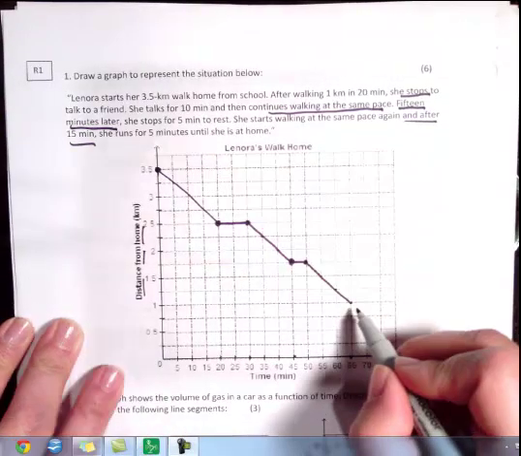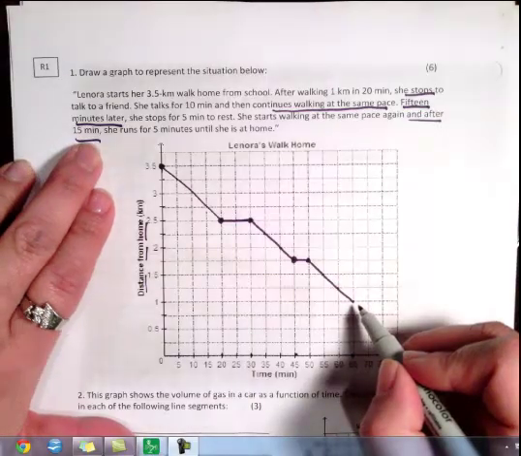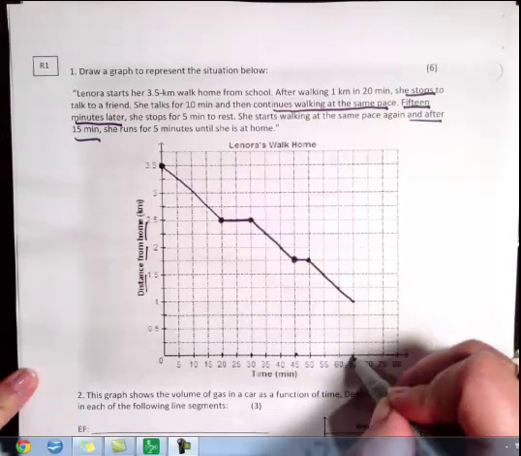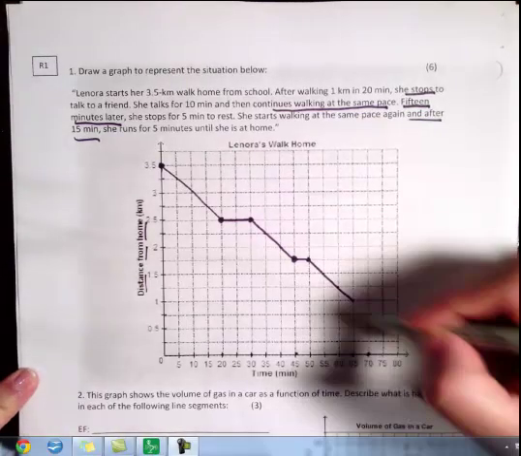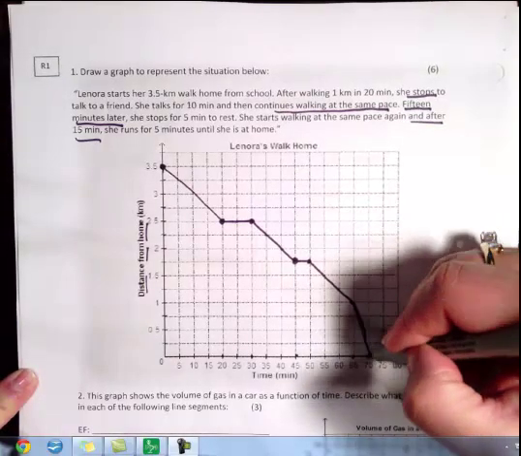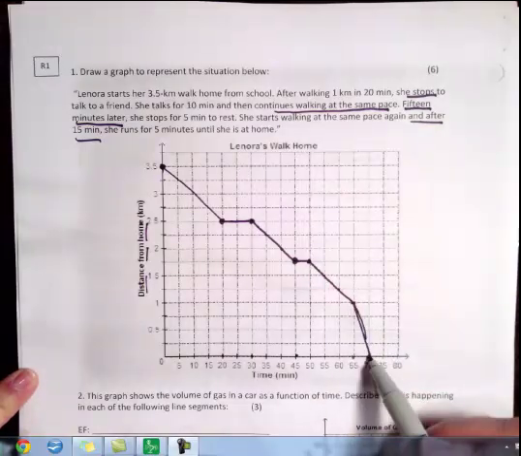After 15 minutes of walking at that same pace, she now runs for 5 minutes until she's at home. So here to here is 5 minutes. Now she runs, so she goes very quickly from 1 kilometer.